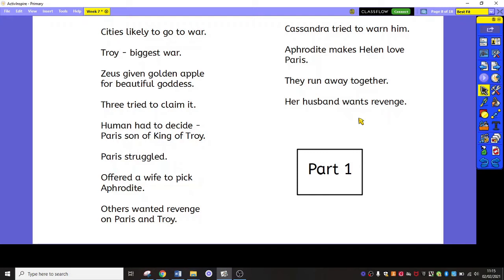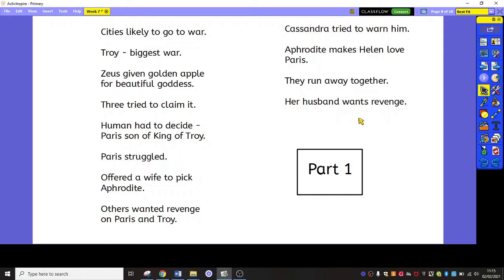So you might be thinking, well, why is this important? This is important because you are going to be writing a battle speech. You are going to be a general in either the Trojan or the Greek army, you can pick, and you are going to be trying to motivate your troops to fight.